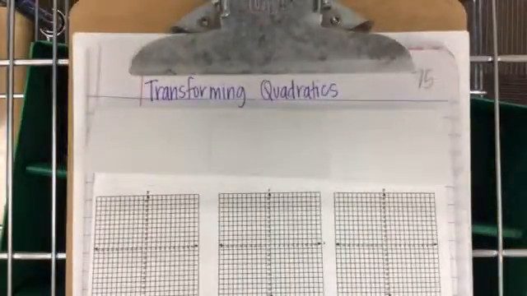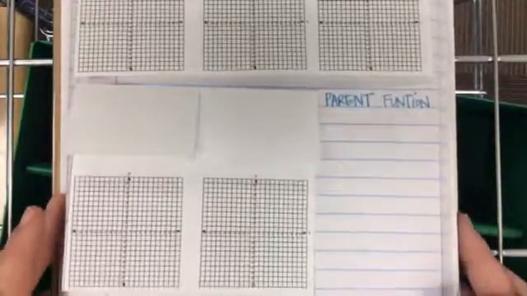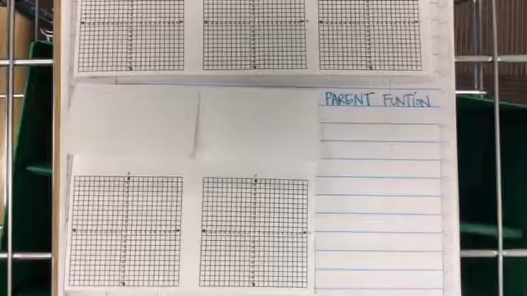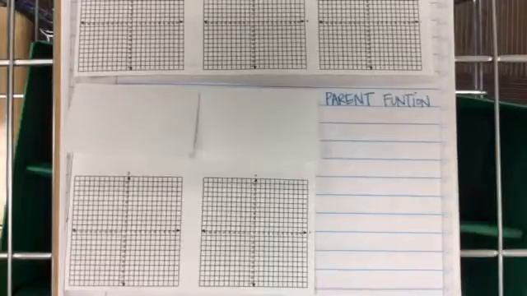So transforming quadratics. We're going to talk today about this idea of a parent function. And when we talked about parent functions with linears, it's basically the same concept. They just look different, right?